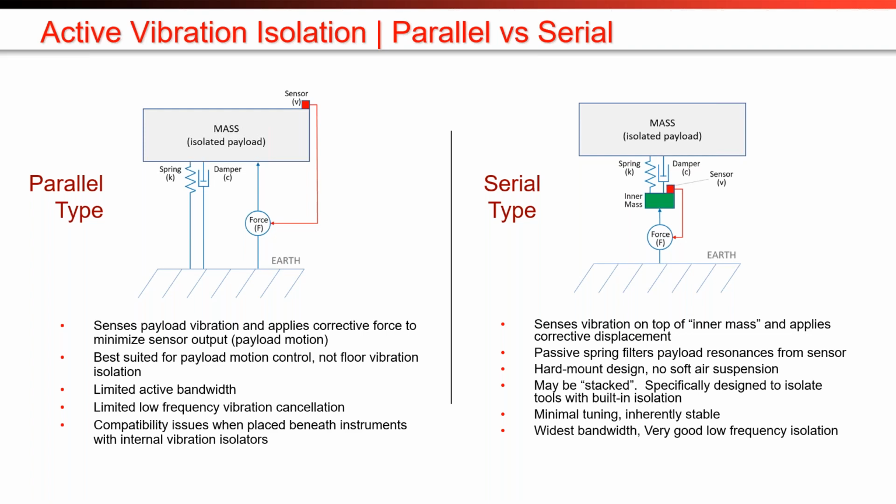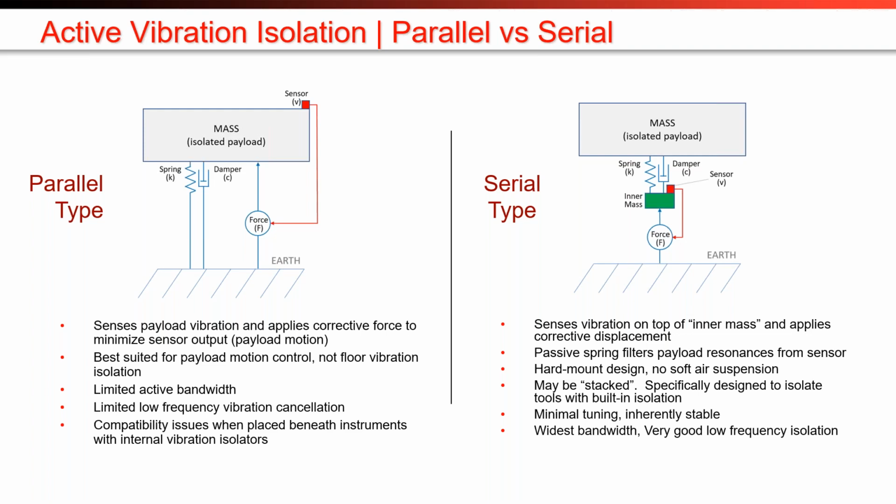So the advantage of this type is that the spring ends up being very, very stiff, like a very stiff rubber pad. And what that means is the vibration isolation that's built into the instruments, typically a low frequency isolator, will now be on a very stiff isolator. So there's inherent compatibility.